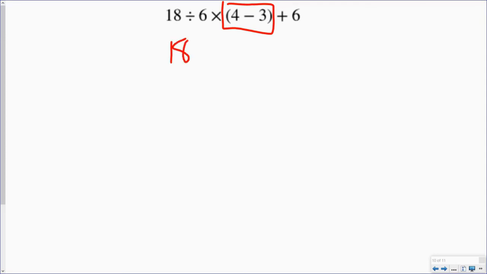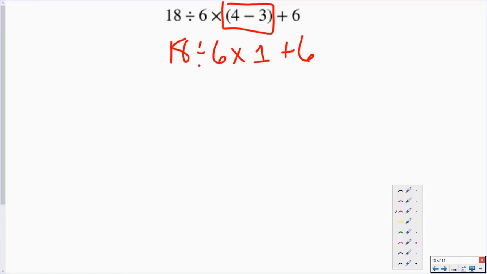So I leave 18 divided by 6 multiplied by 1 plus 6. I look here, no more parentheses. I do not have any exponents, which comes next. So now I'm looking at division and multiplication. First thing going left to right is division.